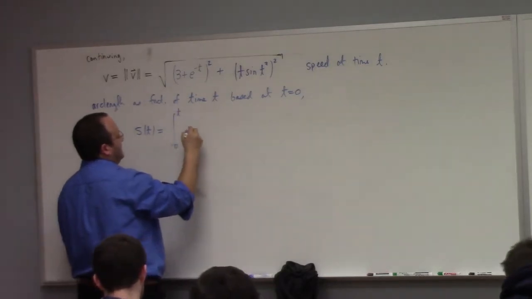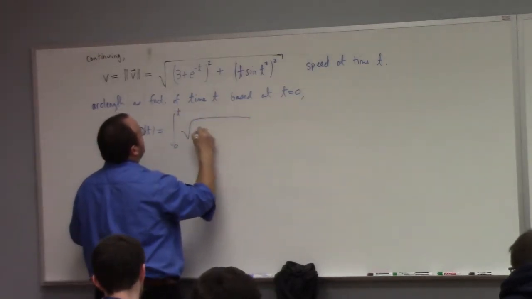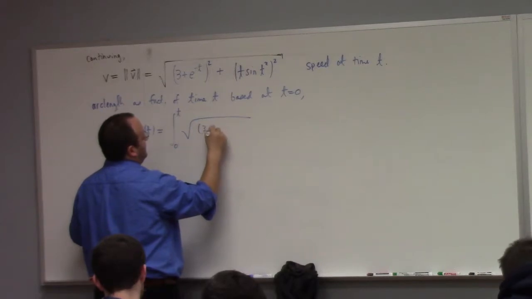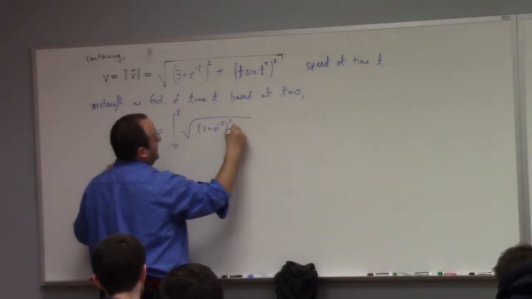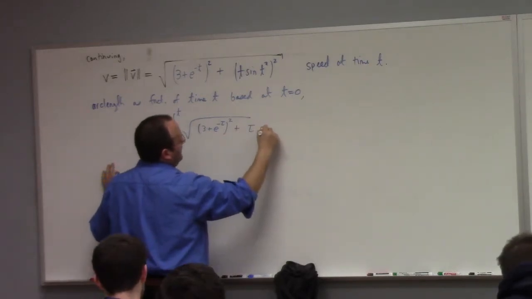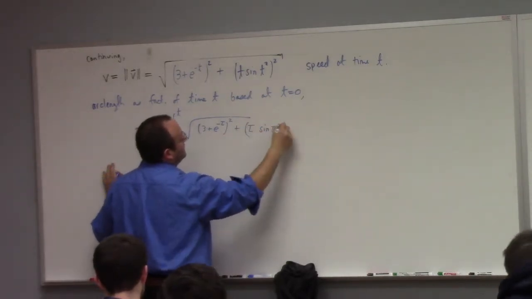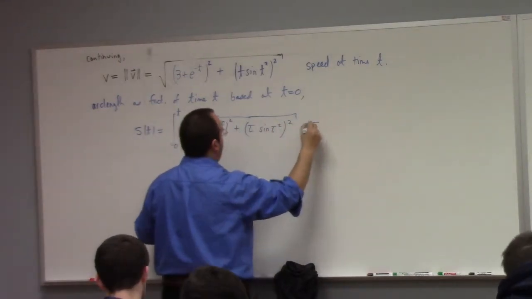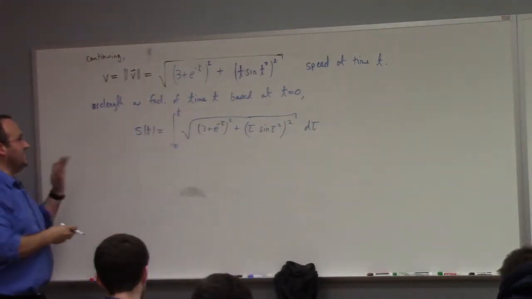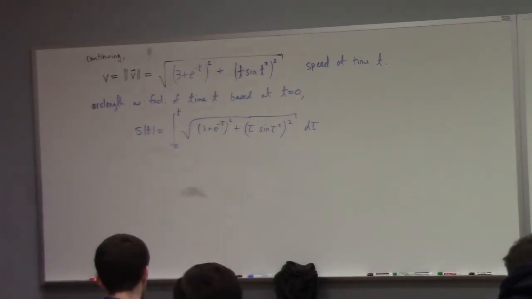And then what you've got to do is replace your t with some other integration variable, typically a tau. So like e to the minus tau quantity squared plus tau sine of tau squared d tau. This gives you the arc length as a function of time t. I haven't defined that formally, but there it is.